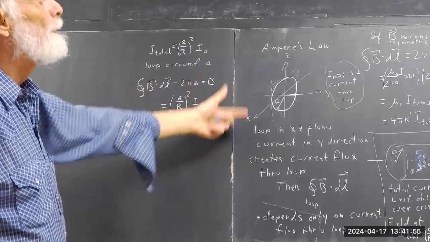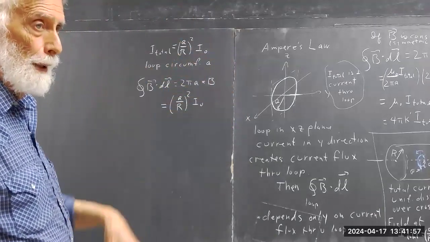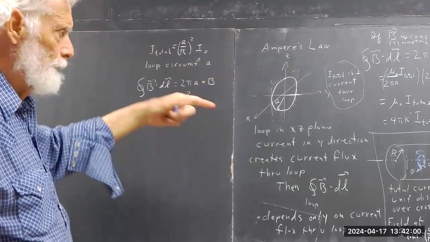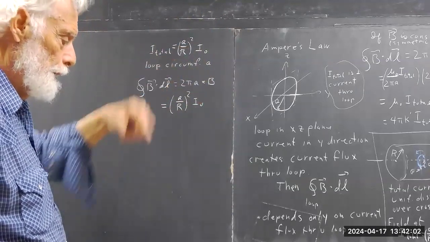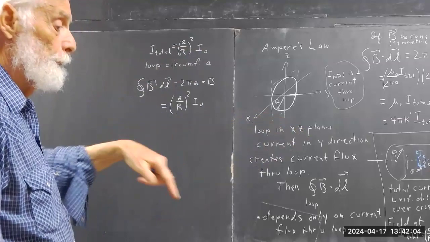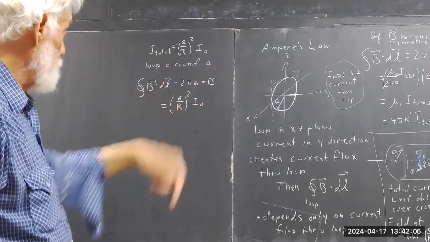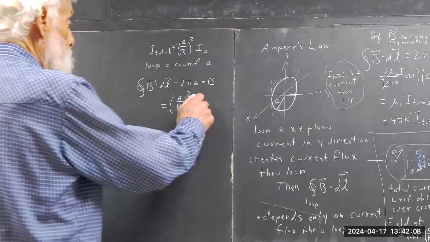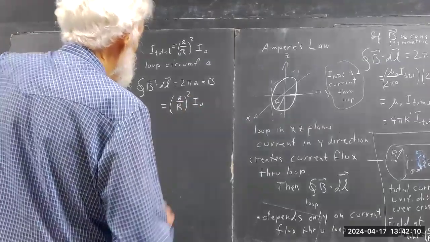B is always symmetric about the origin, surrounds the y-axis, or the axis of the cylinder, tangent to the circle.